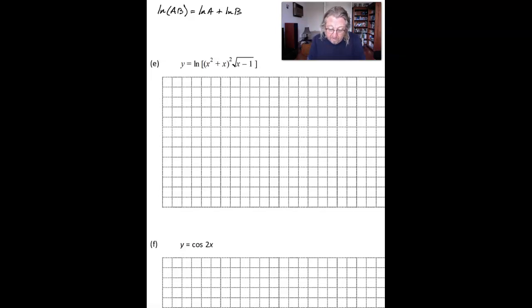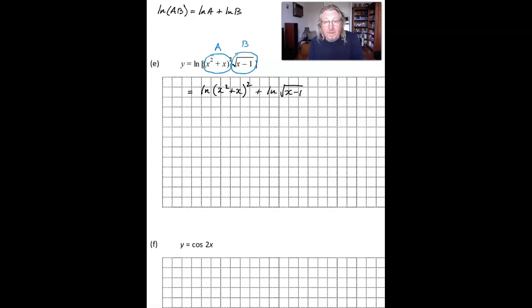So this part here, that's A, and the square root of x minus 1 is our B. So simplifying that using that log law becomes the log of x squared plus x all squared plus the log of the square root of x minus 1.